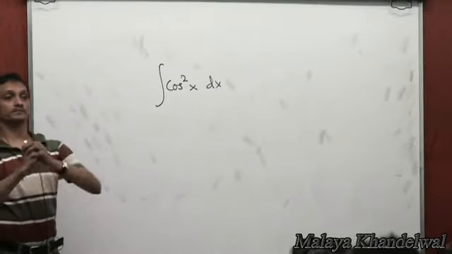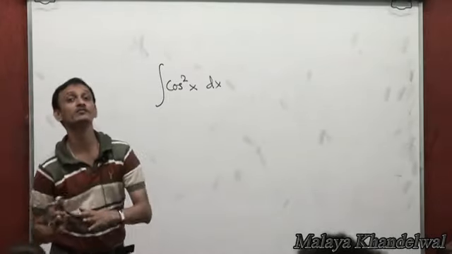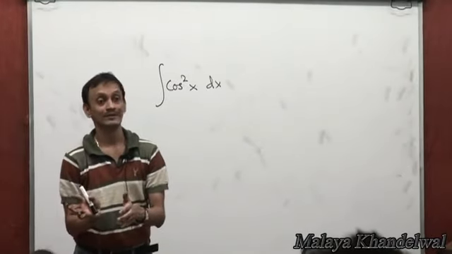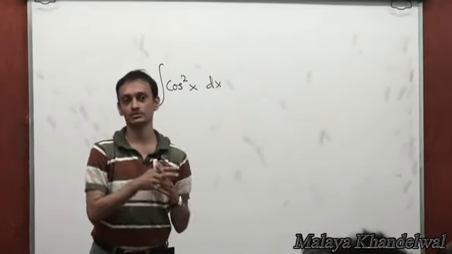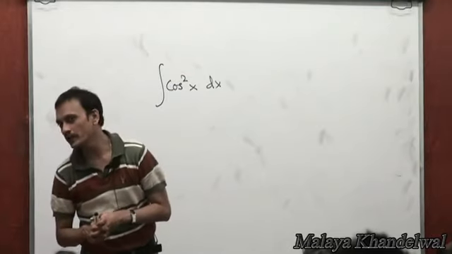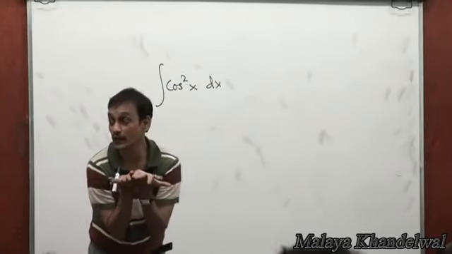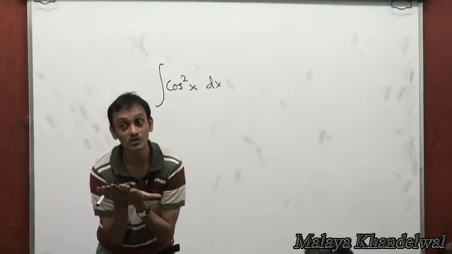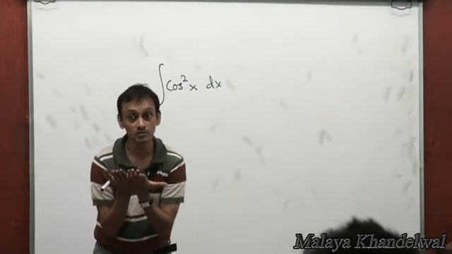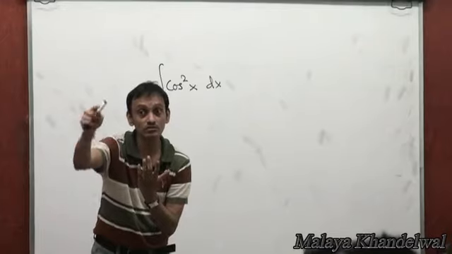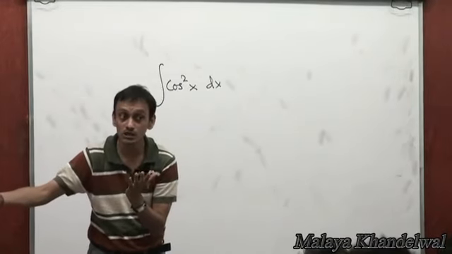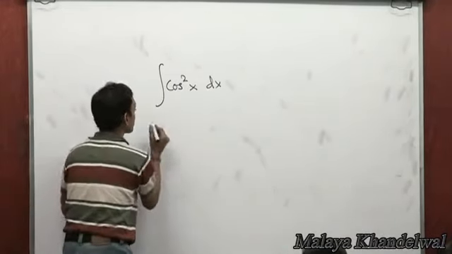What you might want to do is rely on your trigonometry acumen. Cos square x, if you recall, is half of 1 plus cos 2x. You remember those results in trigo? Cos square x is half of 1 plus cos 2x.